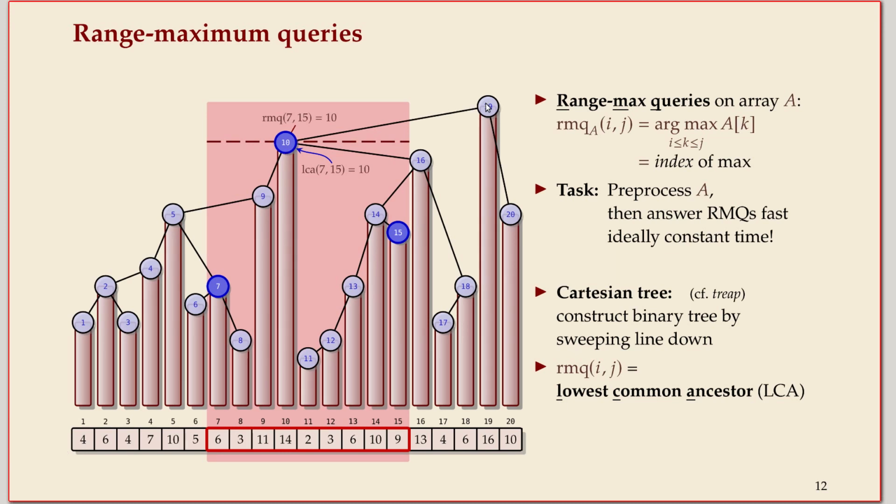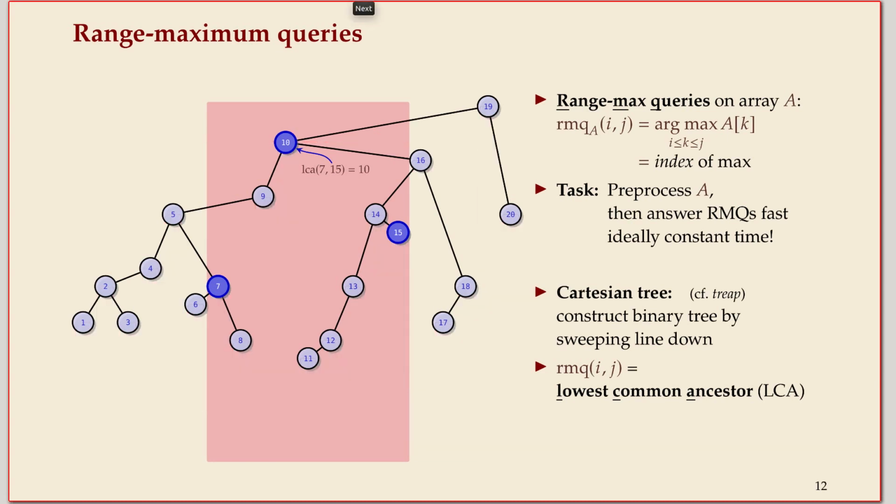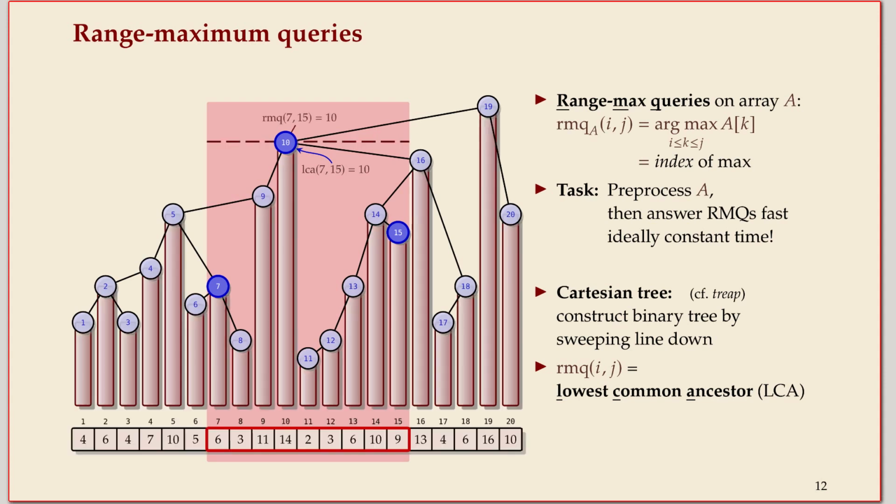I can define these numbers also just looking at the tree and taking away this array. And also the tree is drawn here in a particular way, but this is again just how it came from these bars.